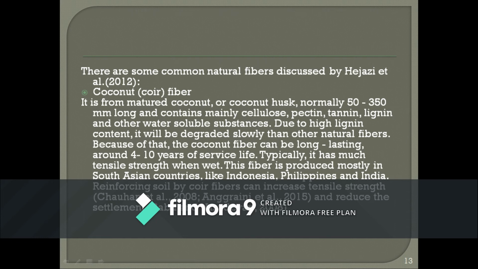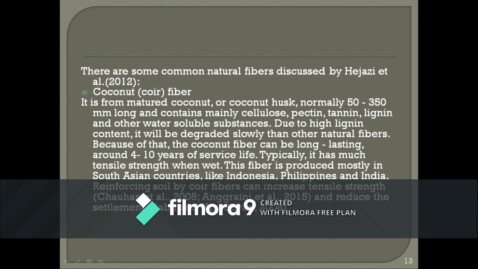So here, this naturally made material, your coconut fiber, doesn't degrade very fast. The degradation is very slow. Because of the slow degradation, what will happen? They will be long lasting and give more life. So 4 to 10 years of service life they will give.